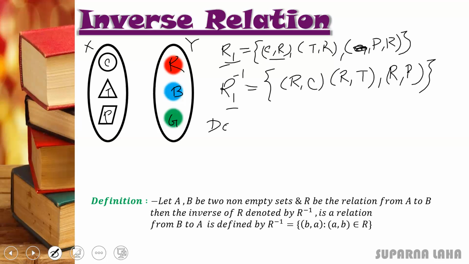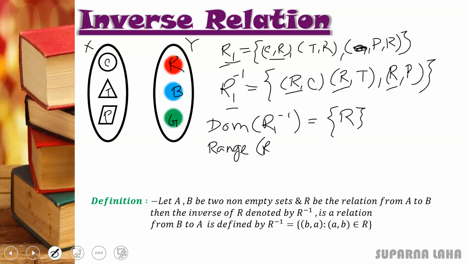The domain for R1 inverse: write down the first elements, that is only R. Then the range for R1 inverse is the second elements: C, T, P. Now look at that.